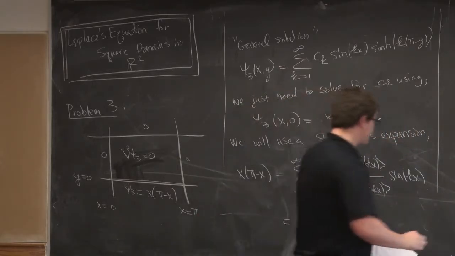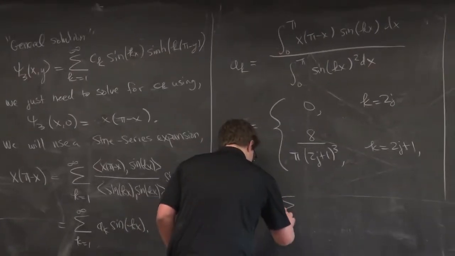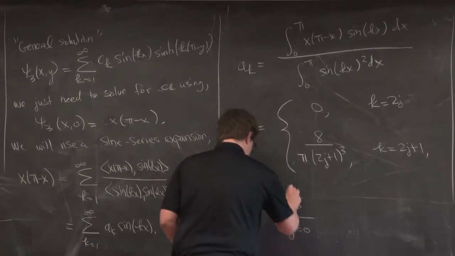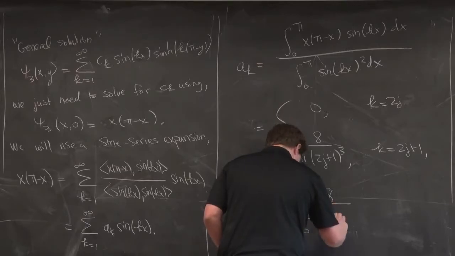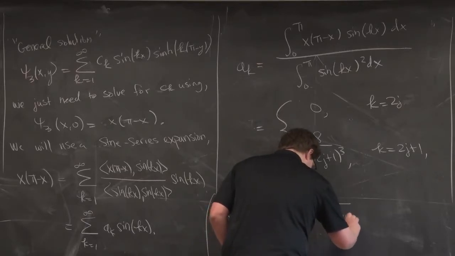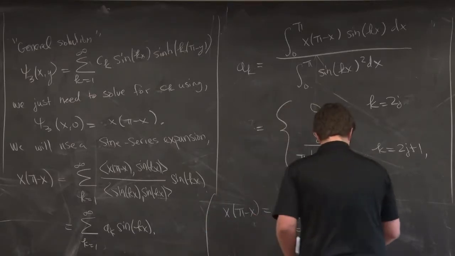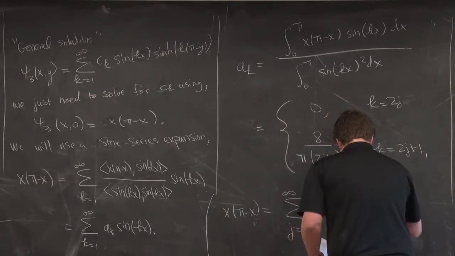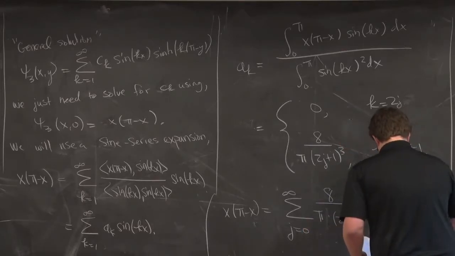So this tells us we have the following formula: x(pi minus x) is the sum from j equal to 0 up to infinity of 8 over pi times (2j plus 1) cubed, times sine of (2j plus 1)x.